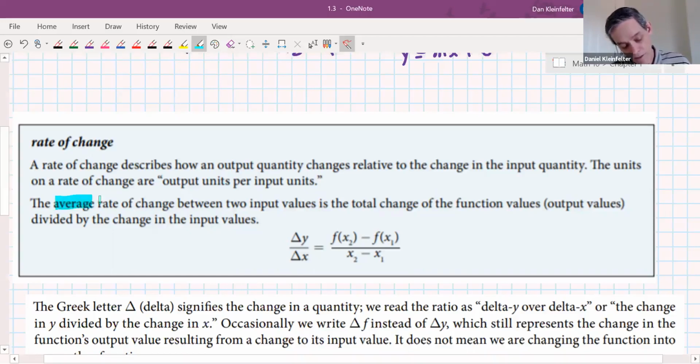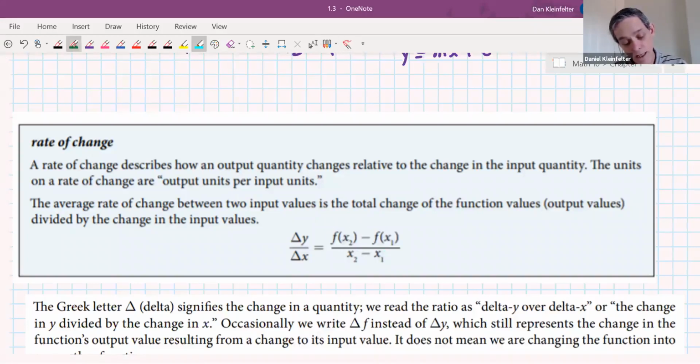The average rate of change, which is what we're talking about here, between two input values is the total change of the function values, that's the y values or output values, divided by the change in the input values. So here it's f of x2 minus f of x1 divided by x2 minus x1.